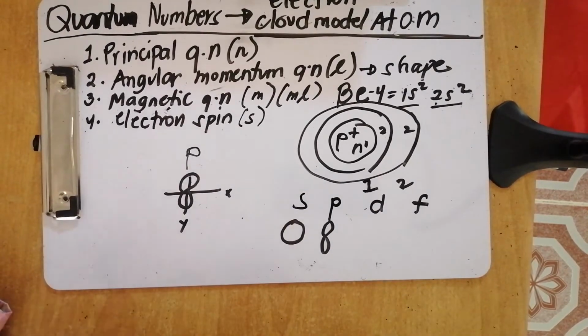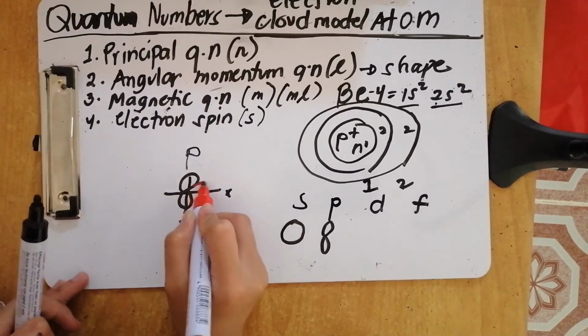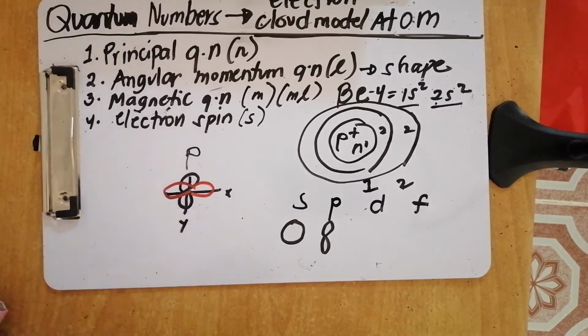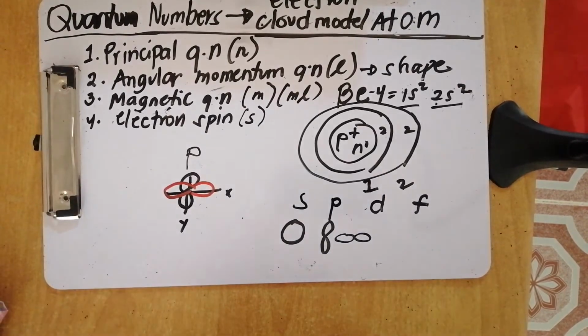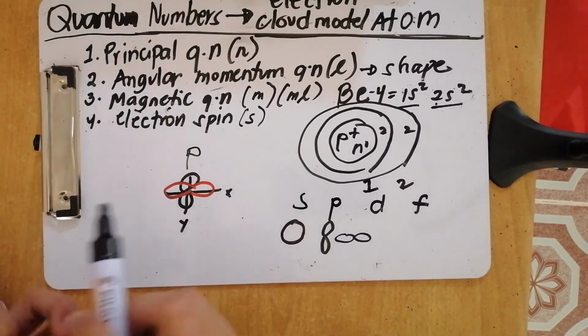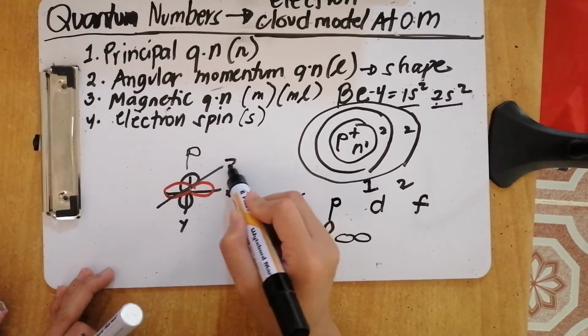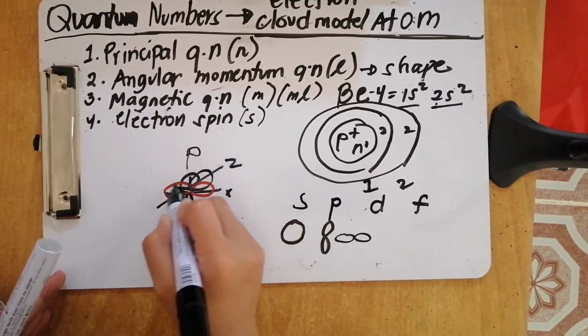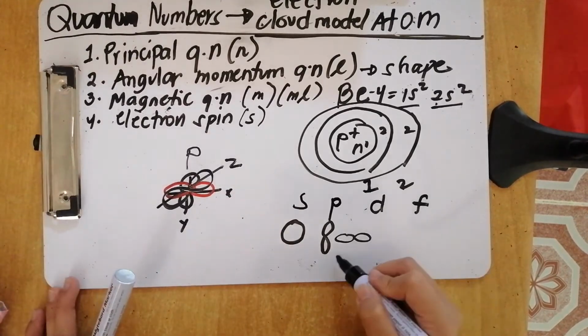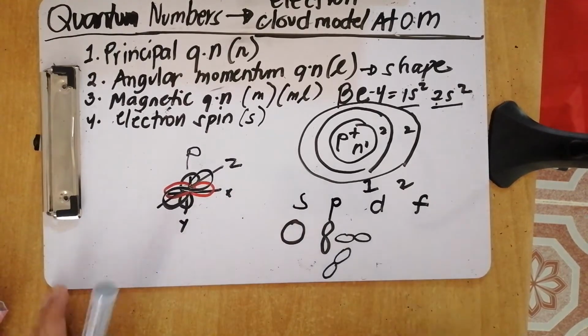It could be drawn along X. Okay, along X, lying down. And then the other one is written along Z. Okay? Written along Z. So, diagonal. Okay, it could be diagonally. It doesn't look like a dumbbell.